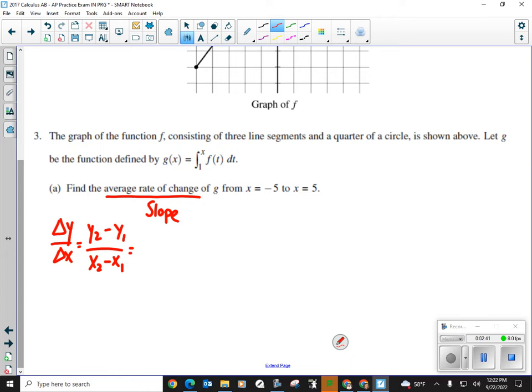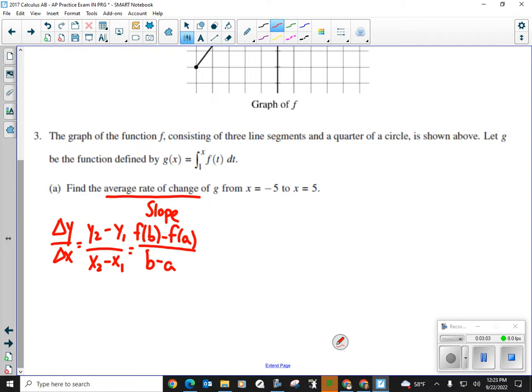In calculus, they use a's and b's in a lot of the books: b minus a, f of b minus f of a. It's really all the same exact thing.